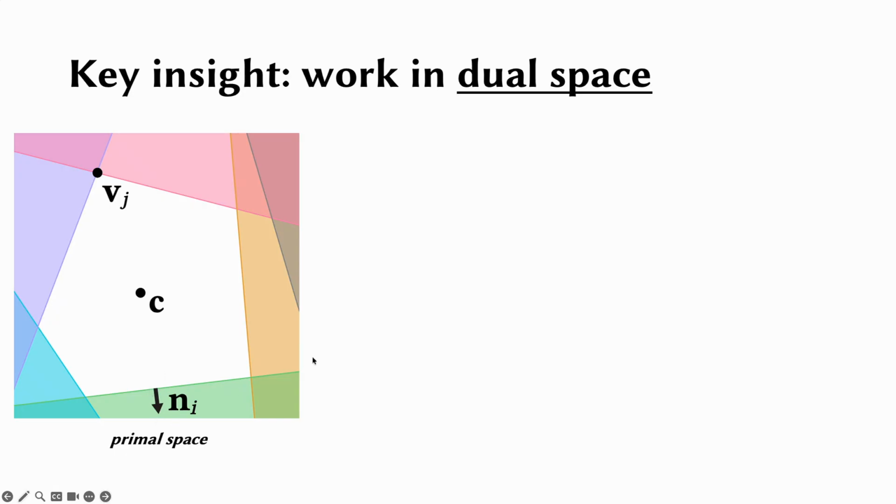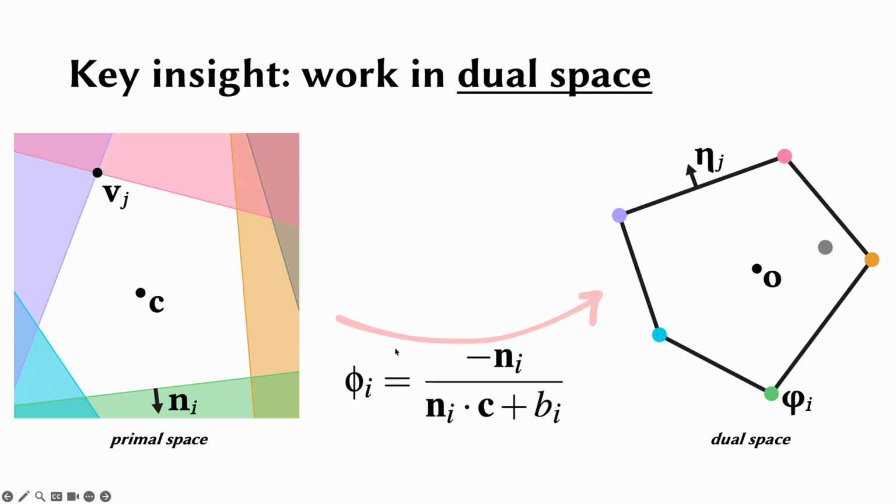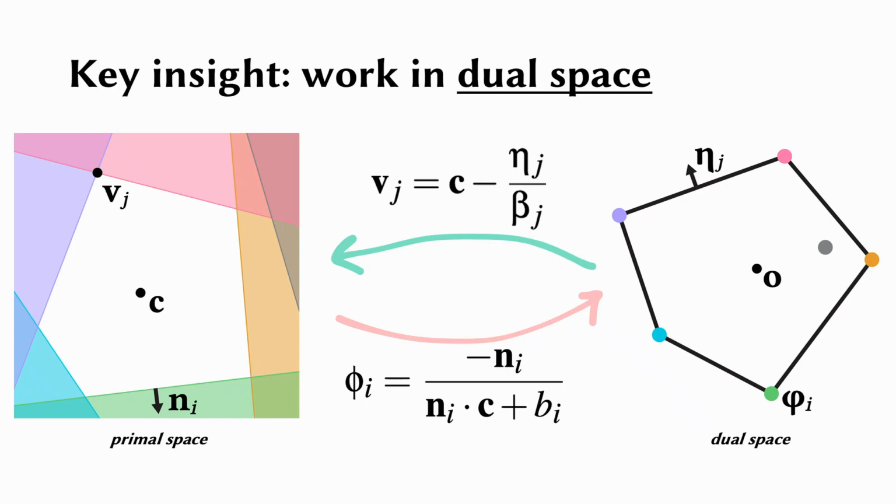To convert this shape into the dual representation, all the planes are going to become vertices, and all the vertices are going to become planes, and edges become other edges in the right way for 3D. And you can think of the new vertex positions as basically taking the normals and turning those into vertex positions, and then going back the other direction, you can create the original vertices by taking normals of the dual faces and treating those as vertices in the primal space.